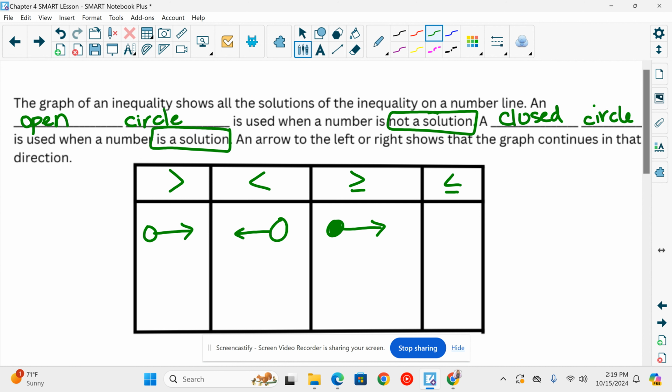If it's less than or equal to, it's closed and pointed to the left. One thing I taught my kids last year, I don't know if Miss Green taught it to y'all or not: if I have the greater than sign, all I have to do is draw the line and it makes the arrow. Less than, draw the line, makes the arrow. Greater than or equal to, draw the line, makes the arrow. Less than or equal to, draw the line, makes the arrow.